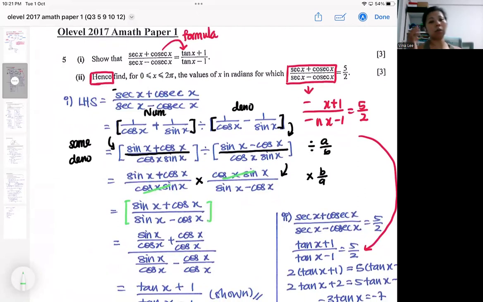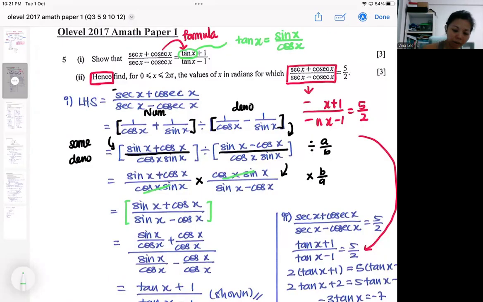If let's say you can reach here, you already got some of the partial marks. A lot of students couldn't know what to do from here. The idea is to get to tangent x from here, so you need to recap the formula for tangent x. The formula is sine over cosine.